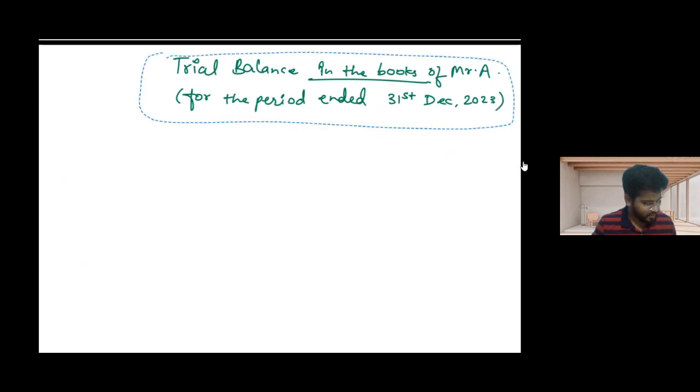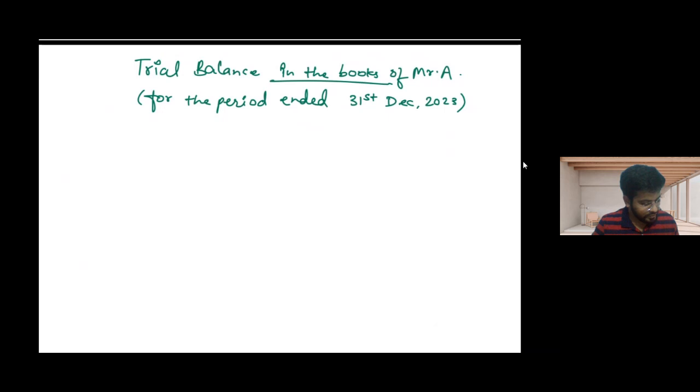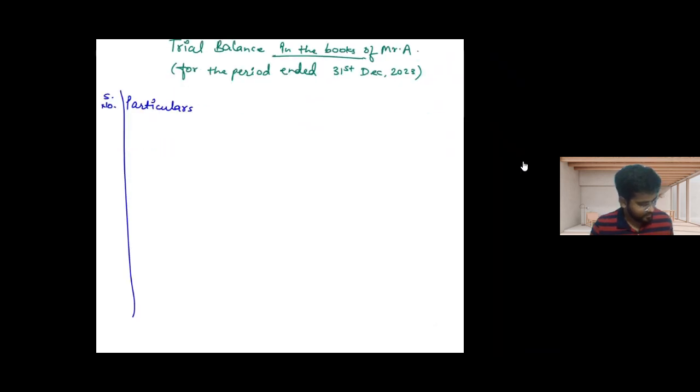Now, what are the columns which we need in our trial balance? First column should be your particulars. You can take the serial number just for your reference, but that is not necessary. But the first column should be your particulars.